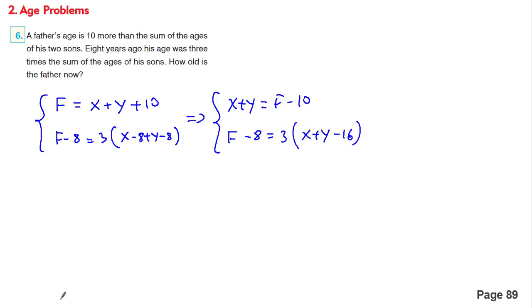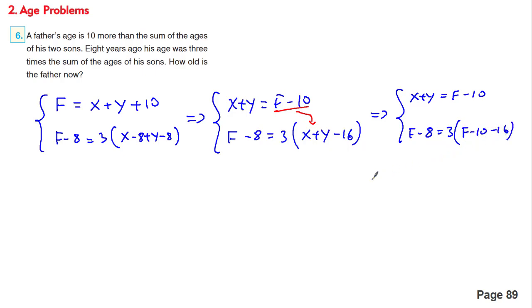Oh, we can use the substitution method. So we can substitute this here. And what do you get? You get X plus Y is F minus 10. And the second equation, F minus 8 is equal to 3 times F minus 10 minus 16.